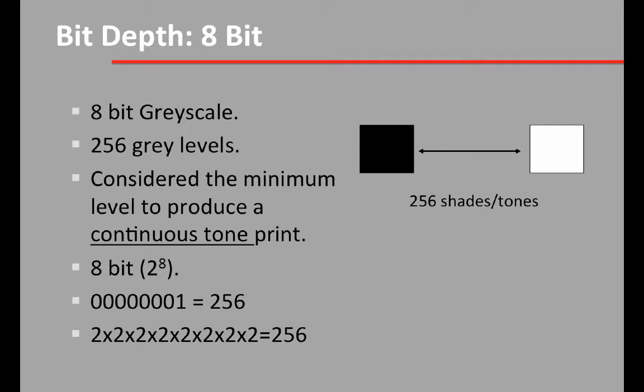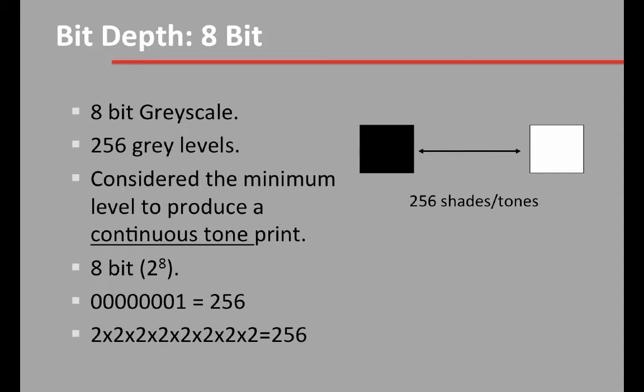Now, this number should be familiar to you. Something familiar should appear with this number of 256. Because when we're looking at our histogram, if you remember from last semester, we had 0 to 255 grey values on our histogram.